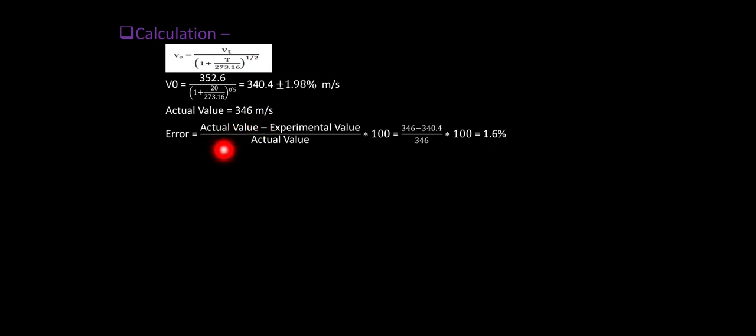So what is the error of this experiment? The relative error is the difference of actual value and experimental value upon actual value into 100. This is the error, which is 1.6%. We calculate error by taking the difference of experimental data and actual data, not a subtracting difference, and by dividing that with the actual value.